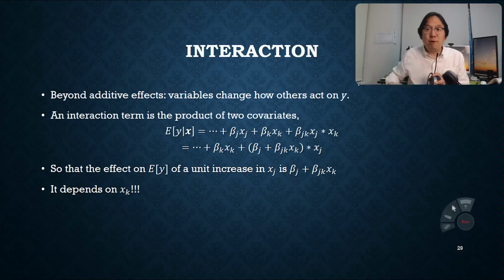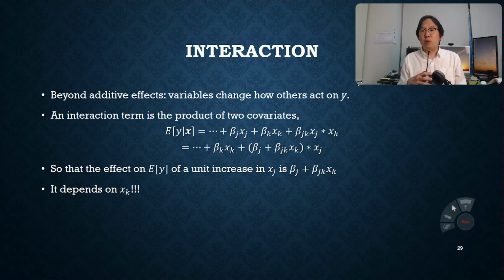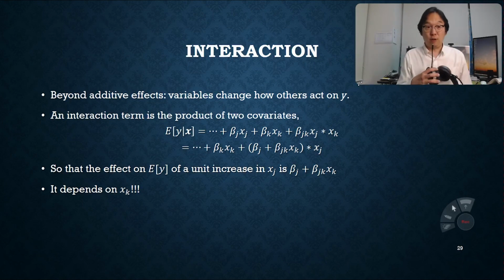Because it's more profitable, you can borrow more. The profitability itself combined with this leverage, how does that affect the bankruptcy chances? We don't know. The combined effect, we can capture it using an interaction term over here.